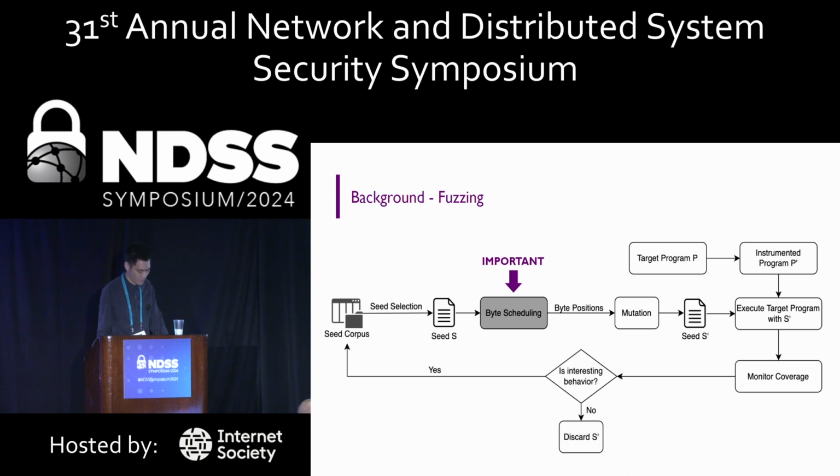Finally, we have seed mutation: we mutate seeds and test to see if they can trigger bugs or uncover new edges. Due to the vast exploration space of fuzzing, byte scheduling has a significant impact on the efficiency of fuzzing. And this paper proposes a solution from the perspective of the Shapley value.